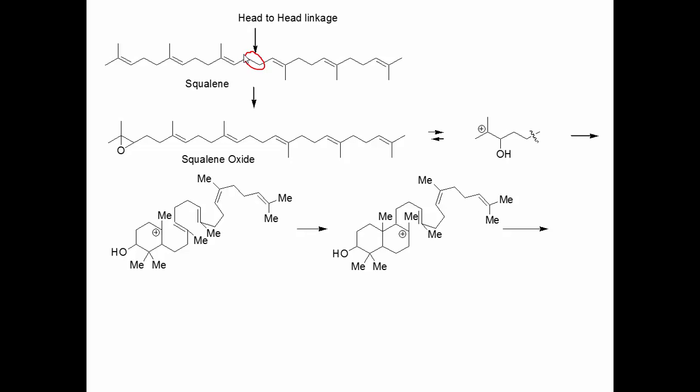This is what we call a head-to-head linkage. If you look at how the rest of them are arranged, they're arranged head-to-tail. We'll just label our isoprene unit there. So carbon 4 connects to carbon 1.